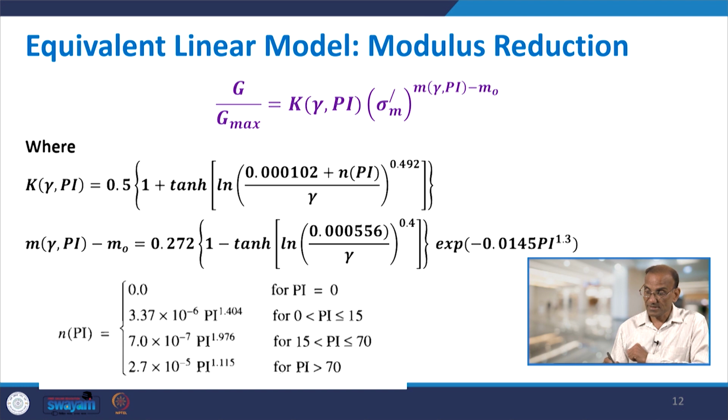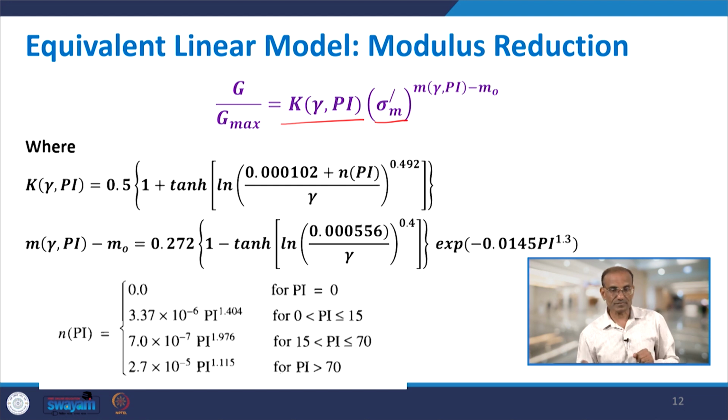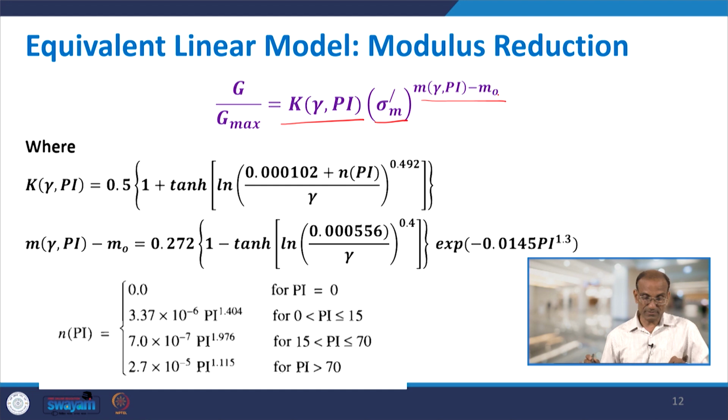So here you have sigma m and this K gamma PI. G by G max is a function of three parameters: one is shear strain, second plasticity index, and third mean effective principal stress. And the exponent is given from this relation.